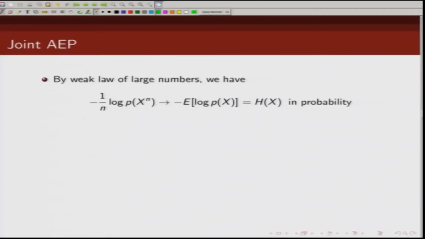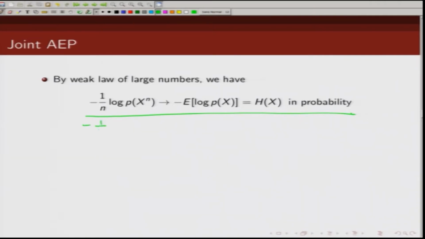So we know from the law of large numbers that minus 1 by n log of p(x^n) converges to the entropy, and this convergence is in probability. This can be shown easily.